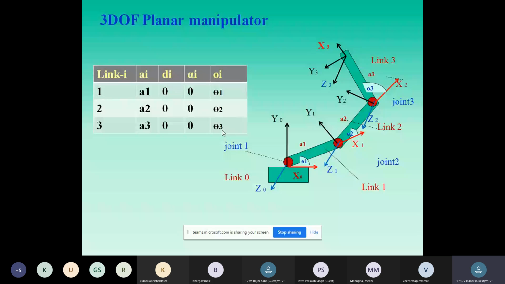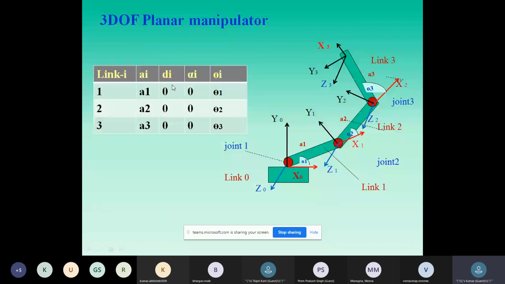This is called the DH parameter table. By knowing this DH parameter table, you can specify a manipulator. Suppose that this DH parameter is given for a 3 DOF manipulator. The manipulator link lengths are L1, A1, A2, A3.